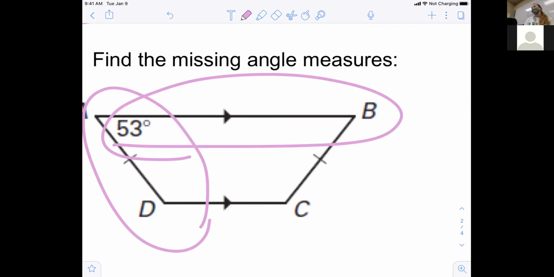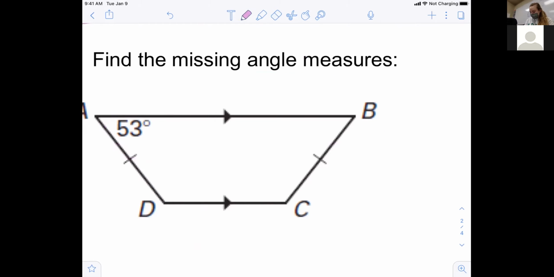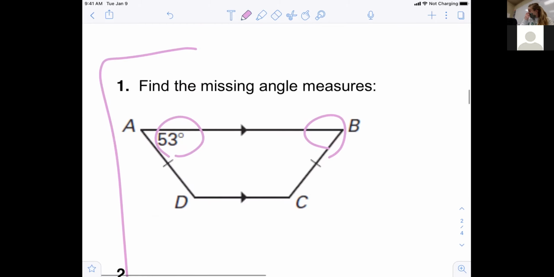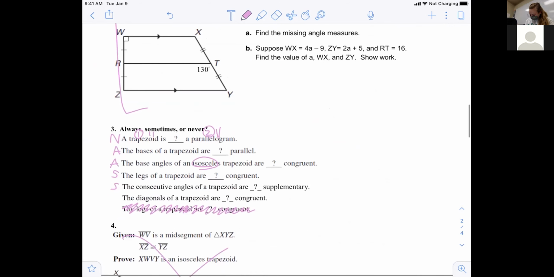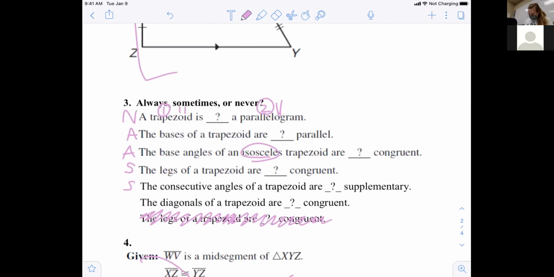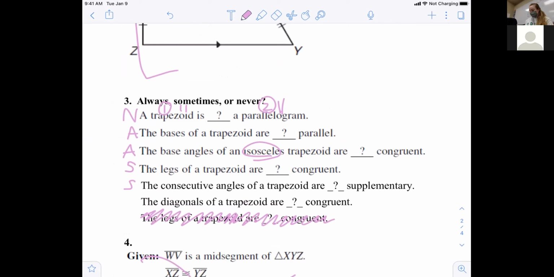They're still next to each other. That's a tough one that I did to trip us up. Does that make sense? I would say sometimes on that one, because these are still consecutive since they're next to each other, but they're not necessarily congruent or supplementary.